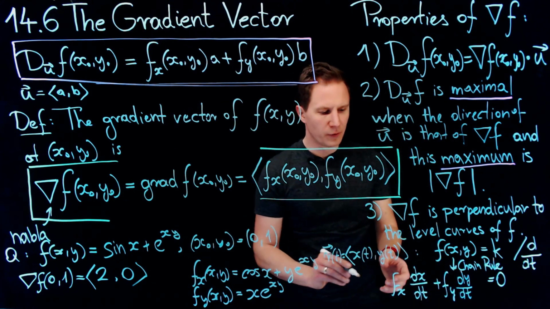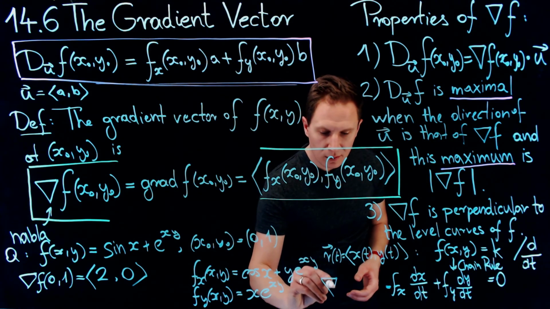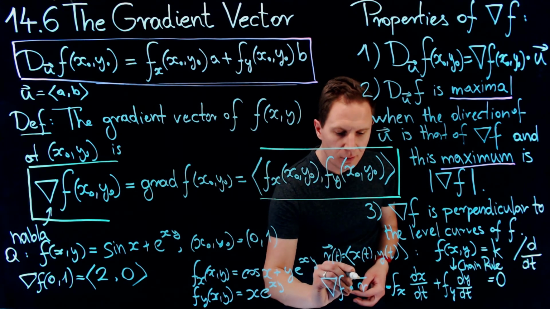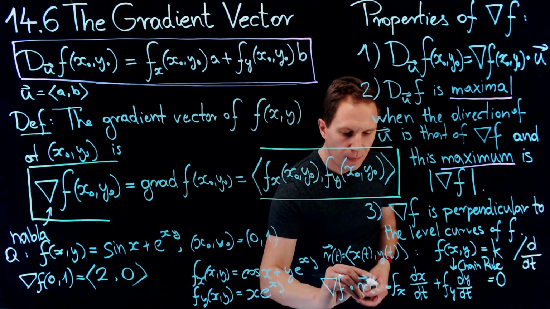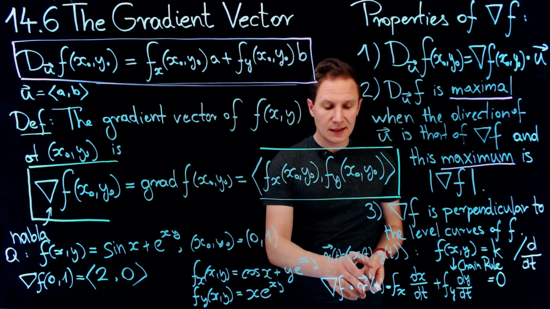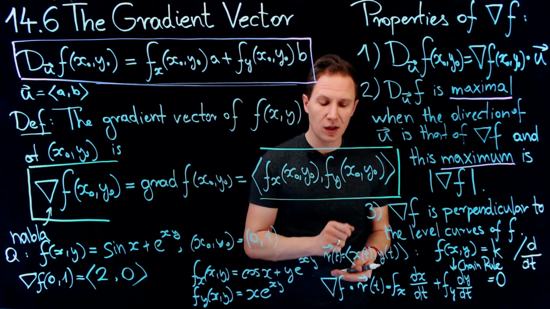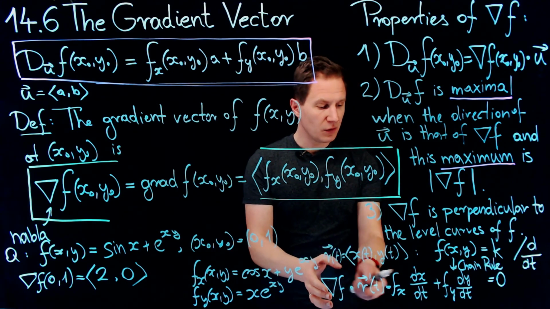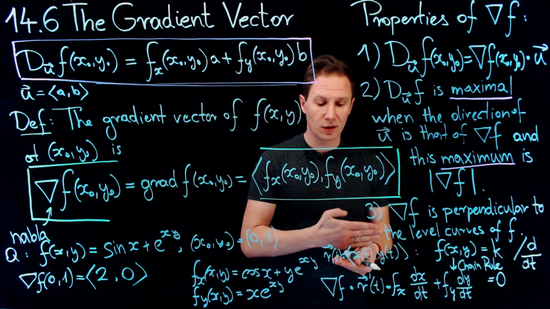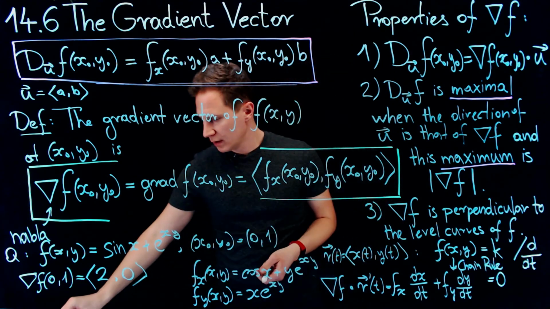But if you look carefully, this is nothing but the dot product, the inner product of the gradient vector and the derivative of this vector function parameterizing the level curve. So this is the tangent vector to the level curve, r prime of t, and the gradient vector is orthogonal, perpendicular to that tangent vector, so it's always perpendicular to the level curve itself.